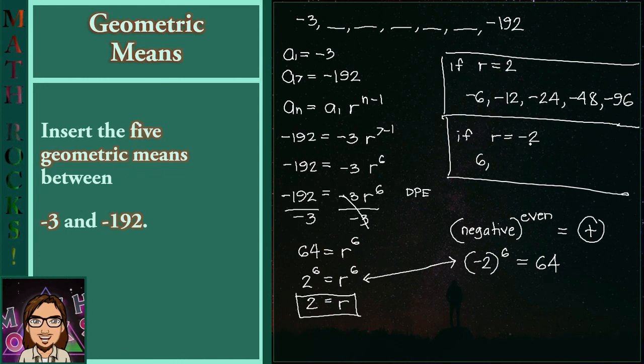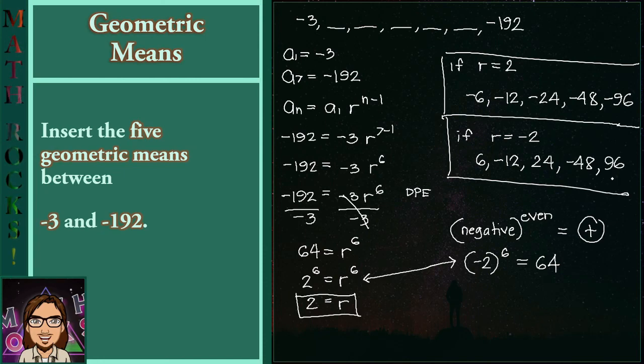Multiplying this with negative 2 gives us negative 12, and we merely have to repeat the same procedure. The next number would be 24, followed by negative 48, and followed by positive 96.